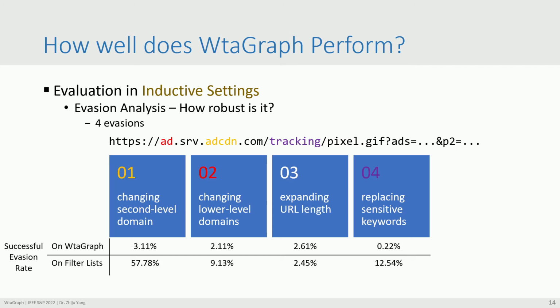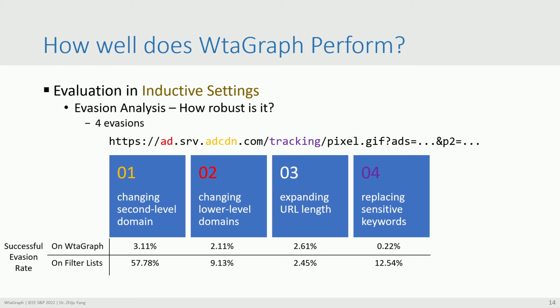Here, this table summarizes the successful evasion rate against our WtaGraph. For example, here with the first evasion technique, changing the second level domain, around 3% of the traffic can successfully evade our detection.